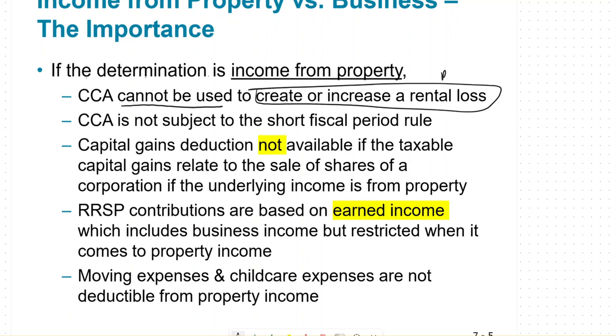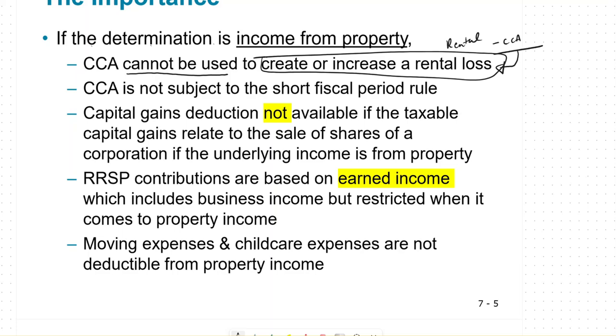So you have a rental income, and then you deduct your CCA. When you deduct your CCA, you cannot create a rental loss. You can only claim CCA up to the rental income. You cannot create a rental loss, or if you already have a loss, you cannot create a bigger loss.